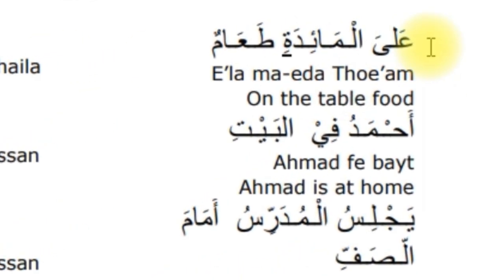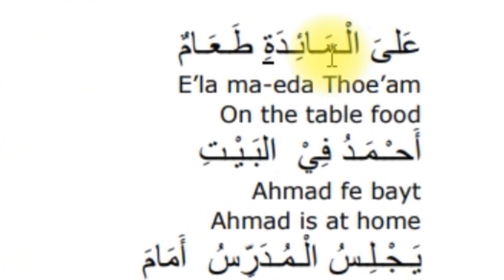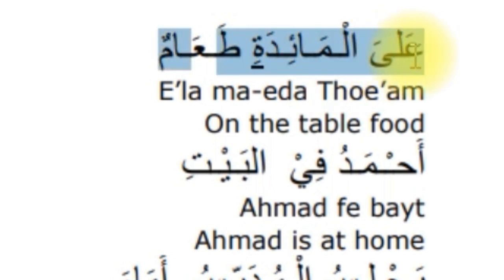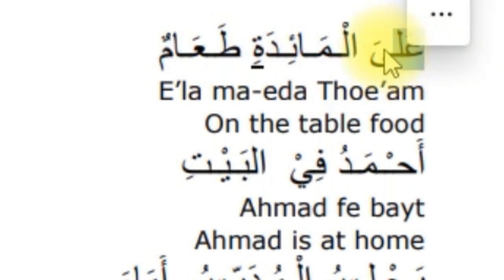سهيلة: على مائدة طعام. على means on. على is a preposition. It means on.